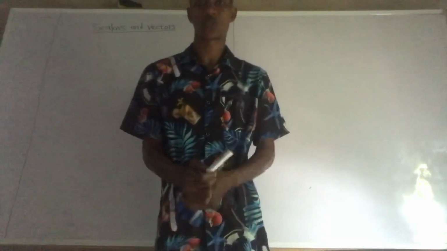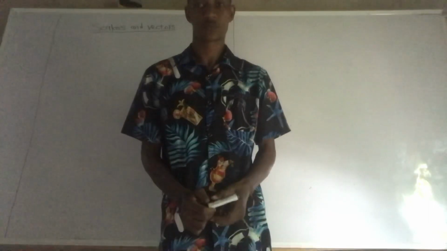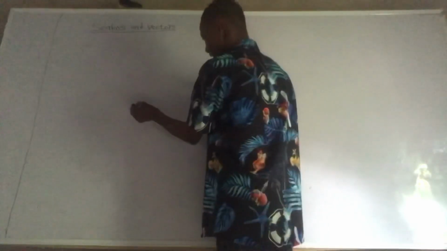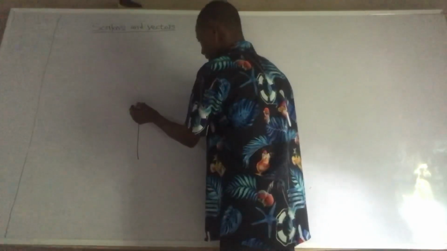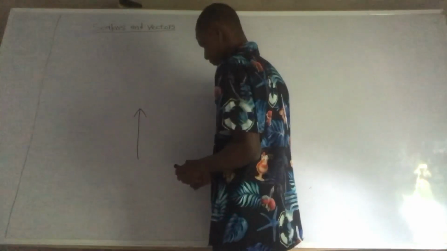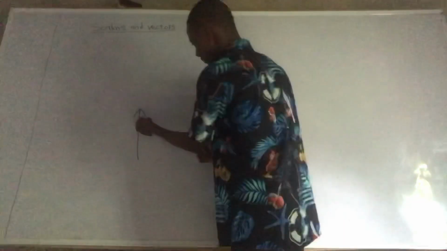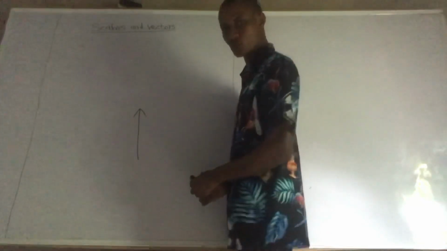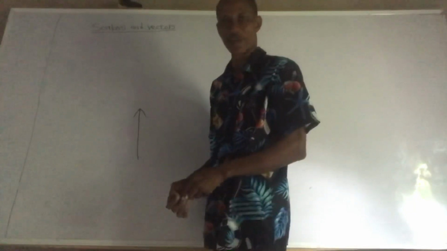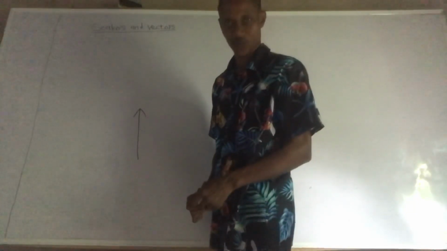Now let's talk about vector representation, how vectors are represented. Since vectors have both magnitude and direction, we represent such a vector by a straight line carrying an arrowhead. The line represents the magnitude of the vector, while the arrowhead represents the direction of the vector.